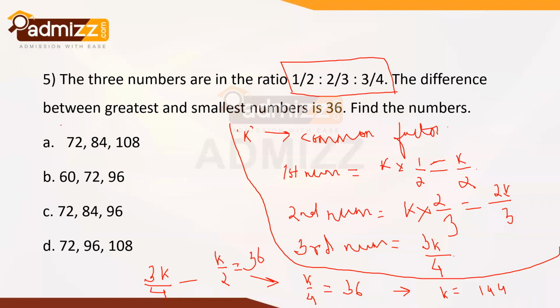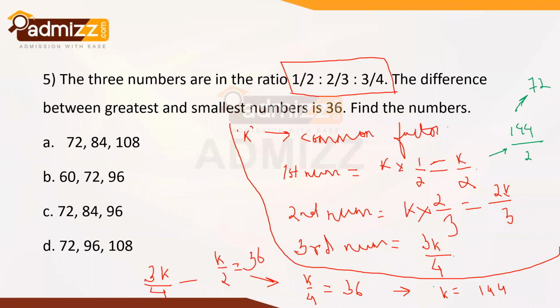So the first number is, let me change the pen's color, k over 2, which is 72.